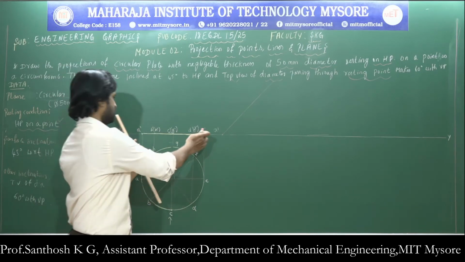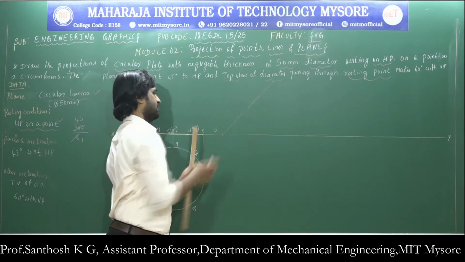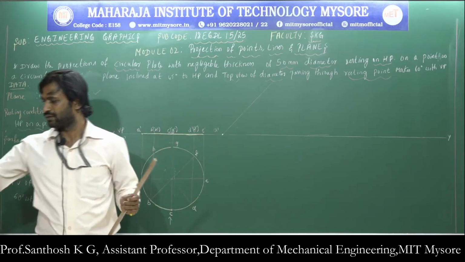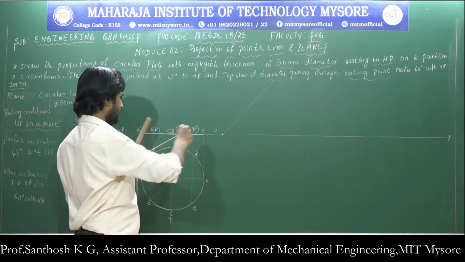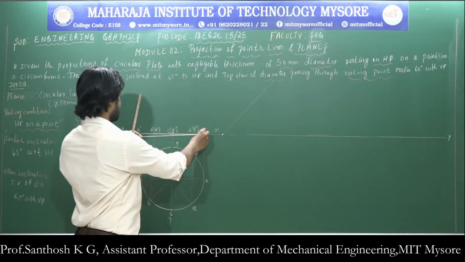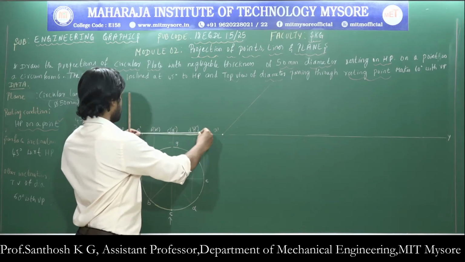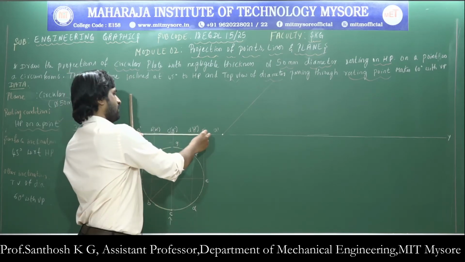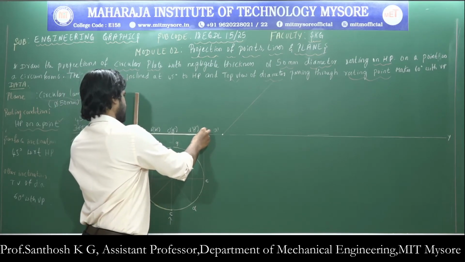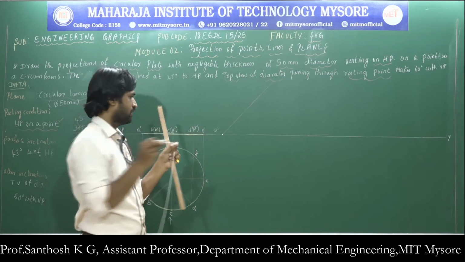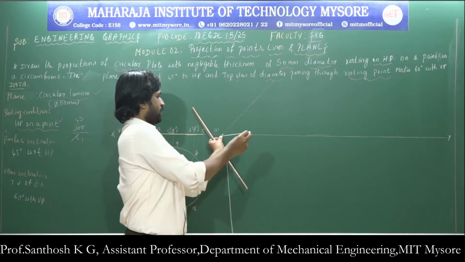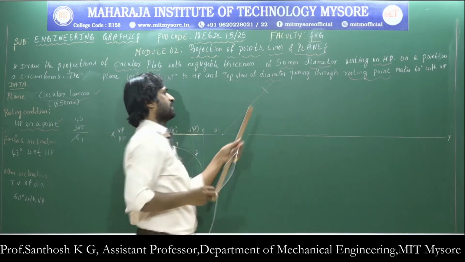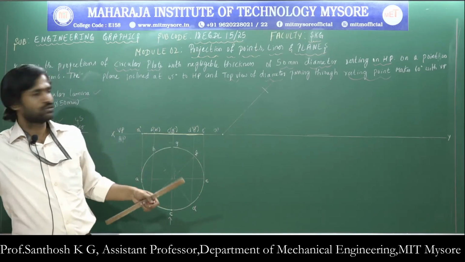Along this line I should place the line A dash E dash, such that A dash is on the XY line. We know the length of A dash E dash, and we can measure it with a compass. Using the compass, place one end at A and the other end at point E. Again, I place one end at point A dash and draw an arc along this construction line.